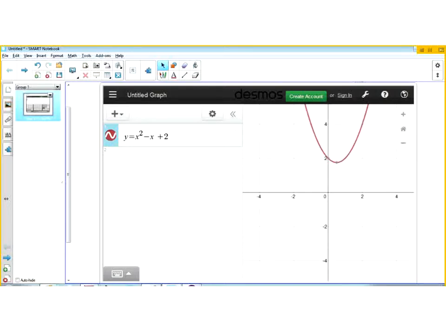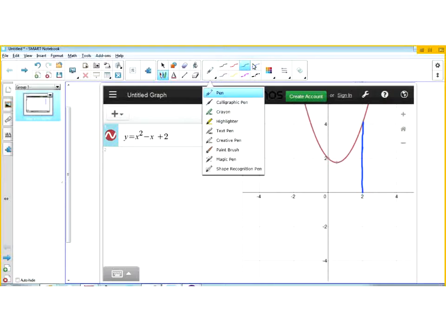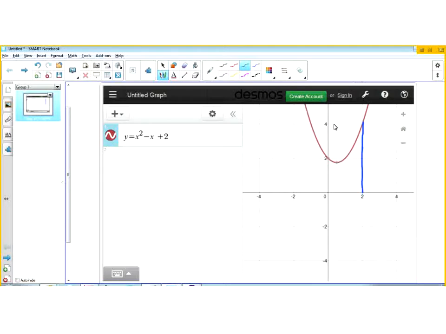Here we have x equals 2. The line x equals 2 is shown in blue right there. And then we have the line y equals 4, which is shown in green right here.